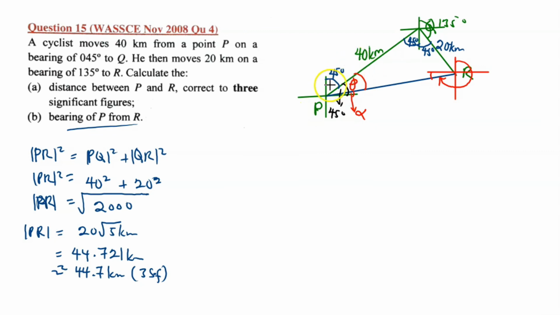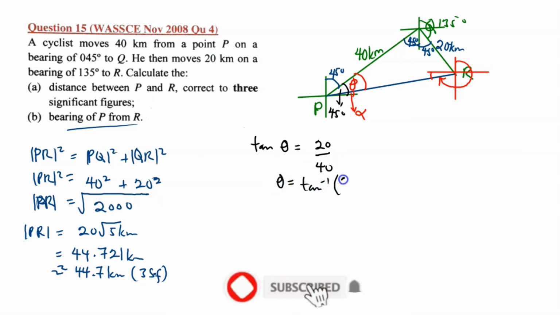And to find theta, which trig ratio would be appropriate? That would be tan. So tan of theta must be equal to the opposite side, which is 20 kilometers over 40 kilometers. So theta will be equal to tan inverse of 2 on 4, which is the same as 1 on 2. So I'm keying it onto the calculator.